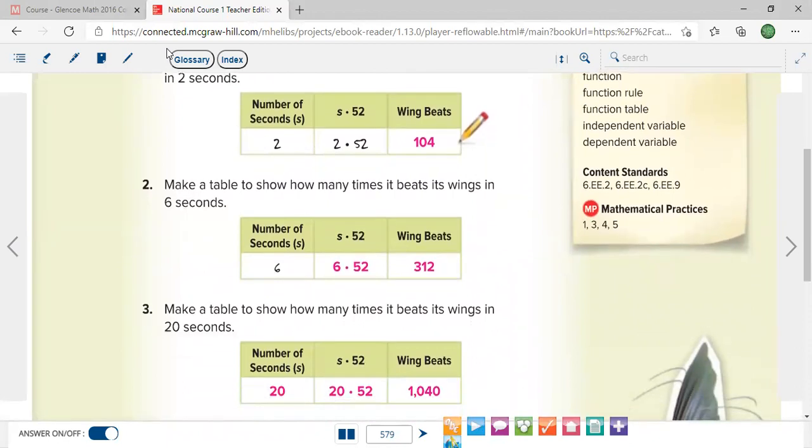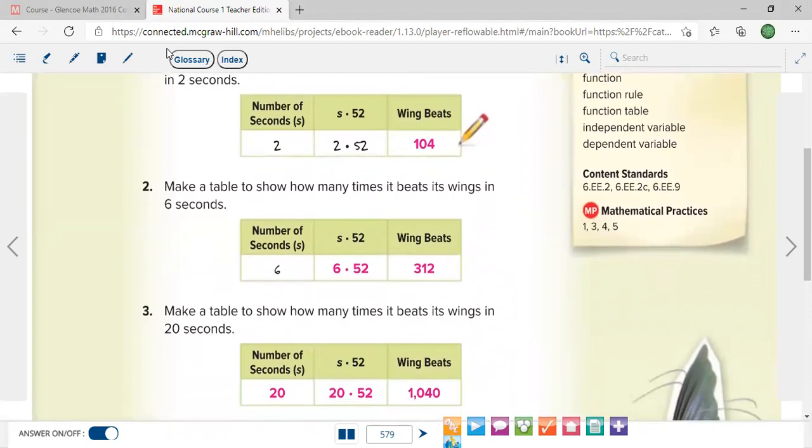In problem 2, we need the same but in 6 seconds. So instead of s, we are going to write 6. So this will be 6 times 52. This will give you 312.